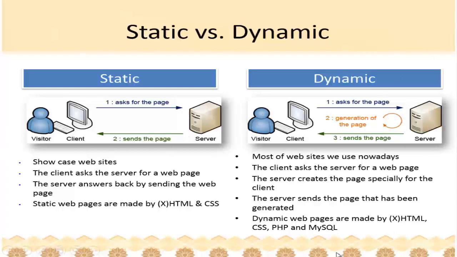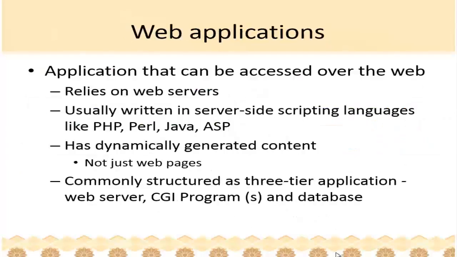With dynamic pages, the page is created on the fly and then given to the client. One of the techniques that we are using to generate it is PHP and MySQL. There are other techniques like JSP, ASP.NET, CGI, Perl, and so on. We will not be bothering about them.